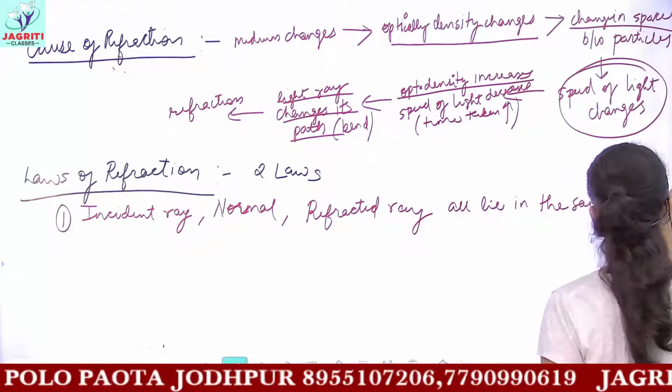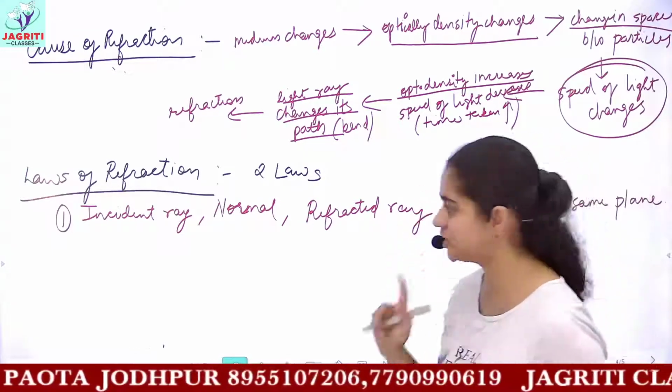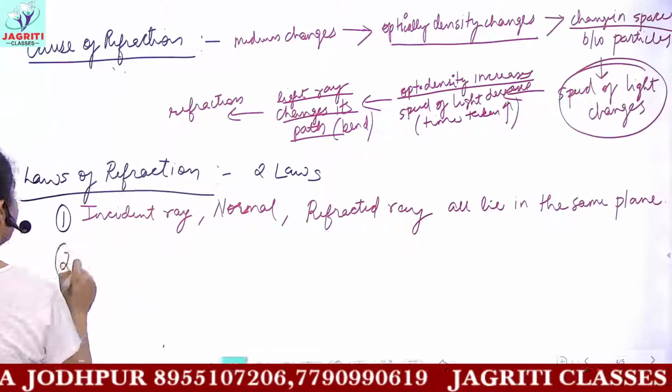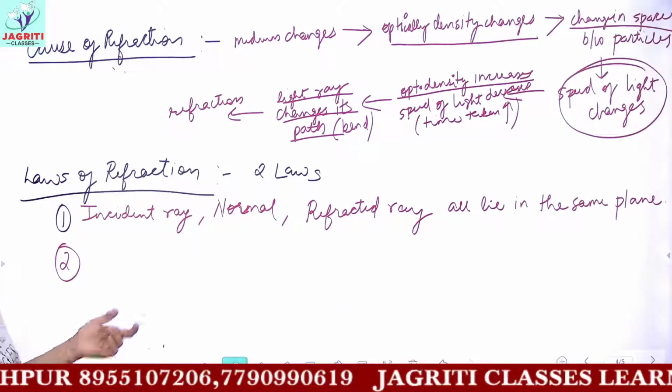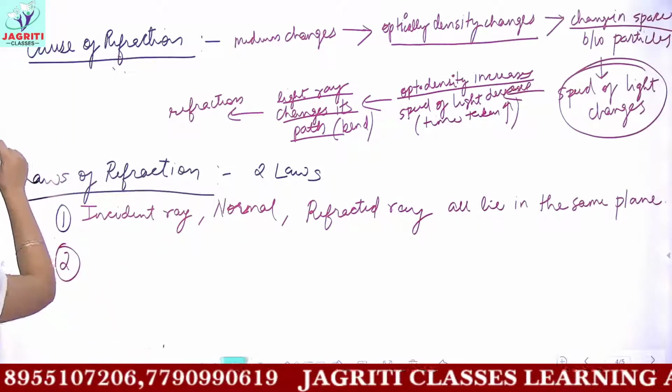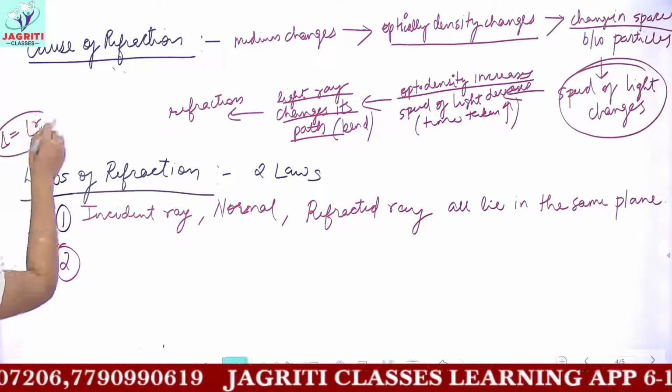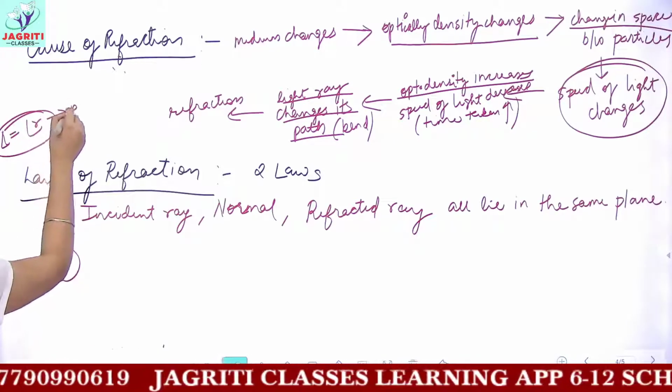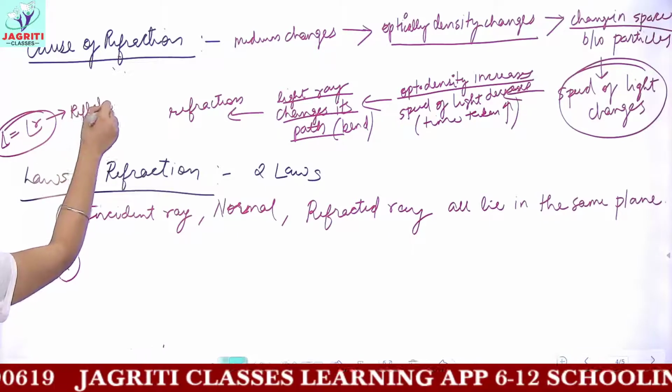This is exactly similar to the first law of reflection. The next law of refraction is what? In reflection we called the law angle I equals angle R. This was the second law of reflection.